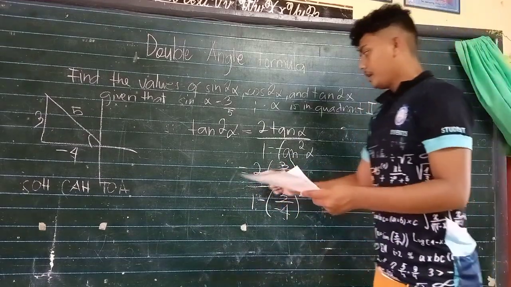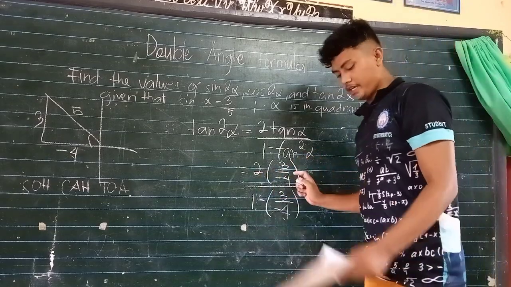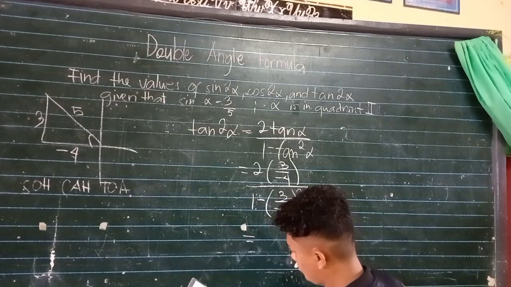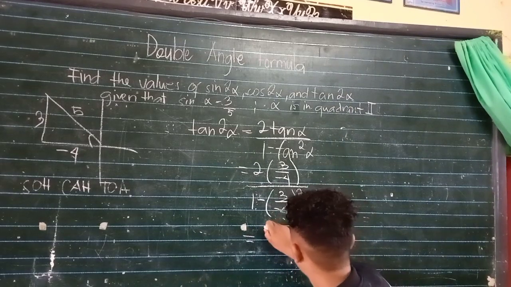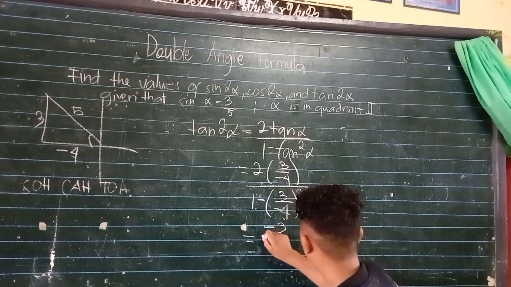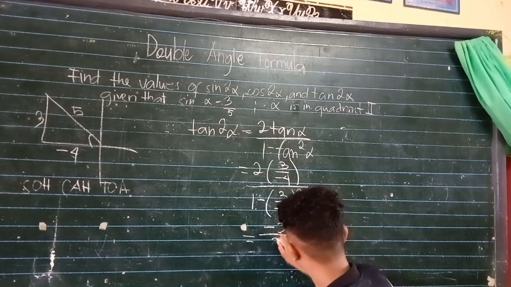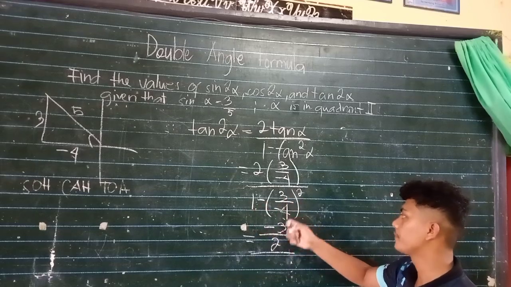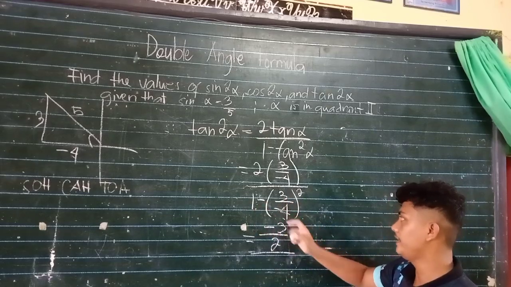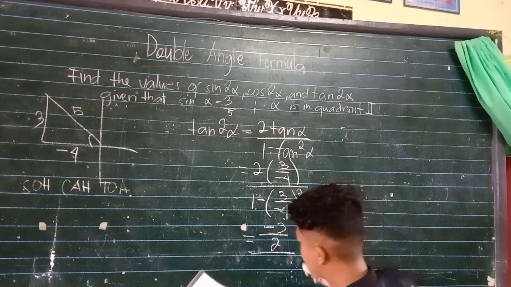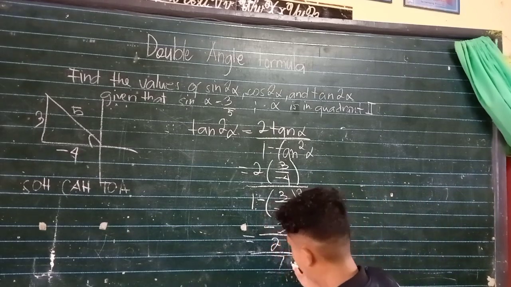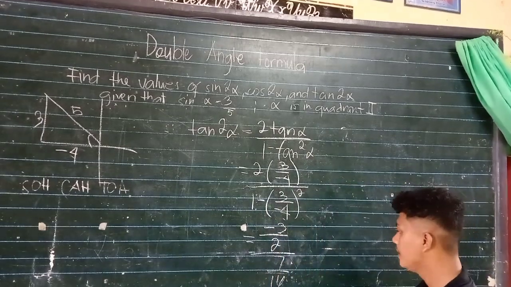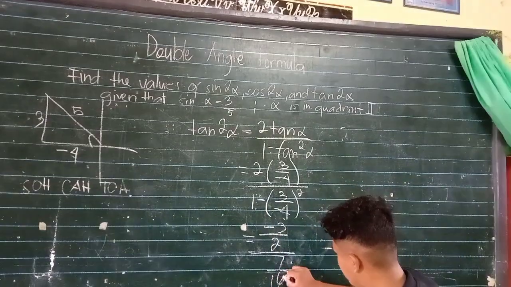So 2 times 3 over negative 4 is equal to negative 3 over 2. Then 1 minus 3 over negative 4 squared is equal to 7 over 16.